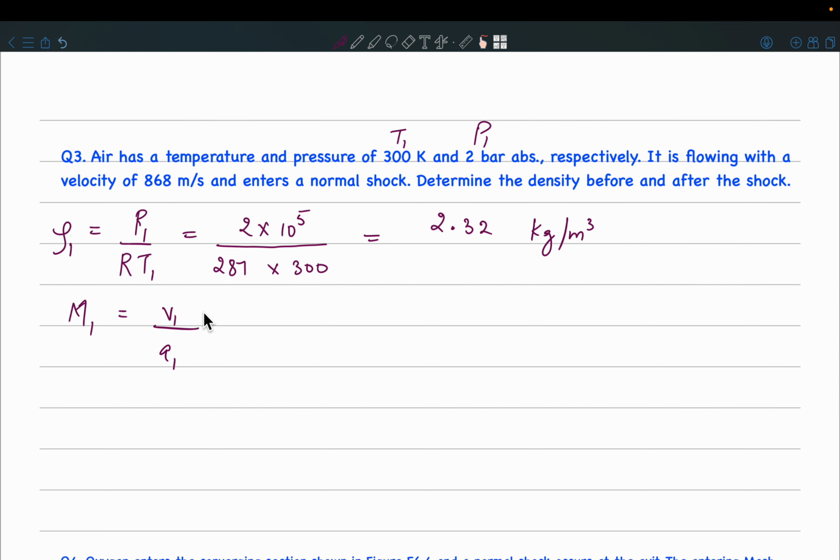Right. So most important is that we have to find the Mach number, right? That is the main thing you have to calculate here. You know velocity and you know temperature, so you can find A1. Gamma is 1.4, R is 287, and temperature is given. So you can tell me the value of M1, and there's an under root, don't forget that. 2.5, that's right.